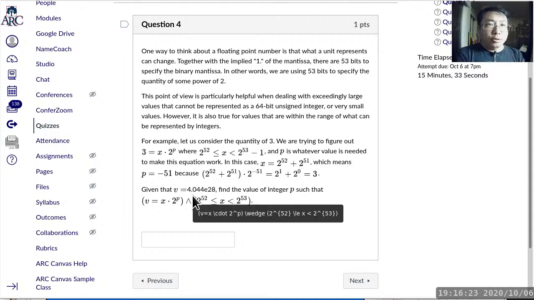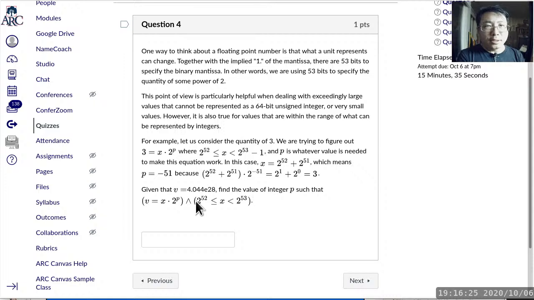But there's an extra constraint. Unlike last time, where there's only one constraint, I just want the left-hand side to be as close as the right-hand side, but not greater than. This time I have 2 constraints, because I want x to be greater than or equal to 2 to the power of 52, but I also want it to be less than 2 to the power of 53.